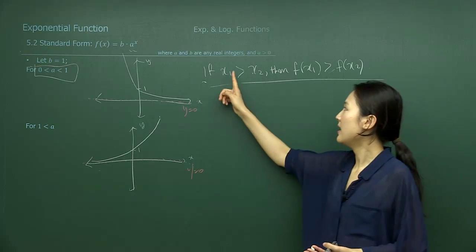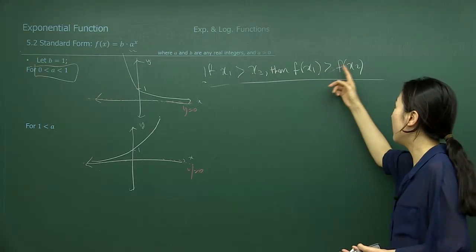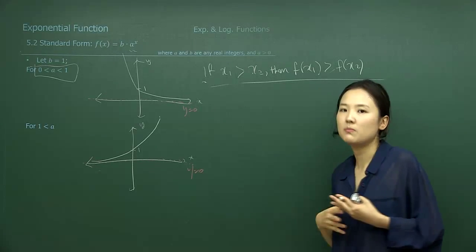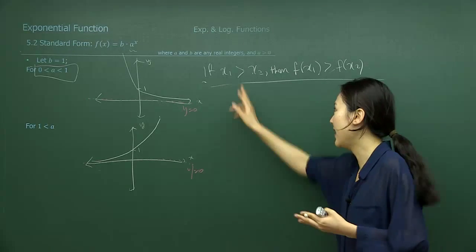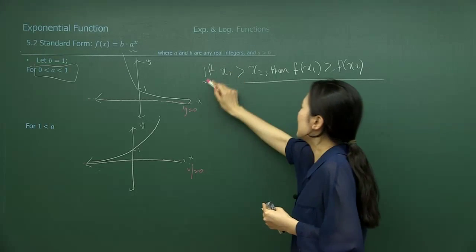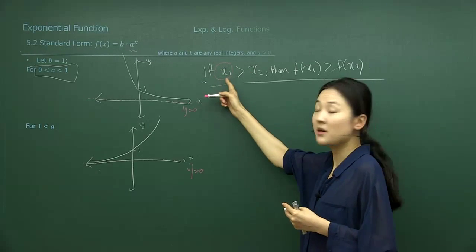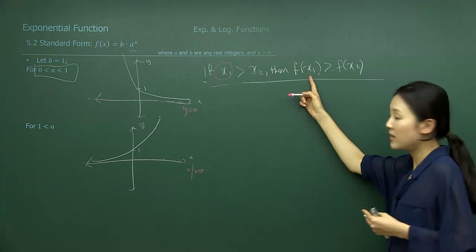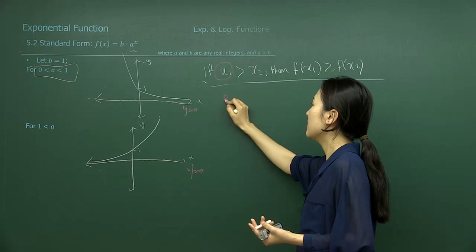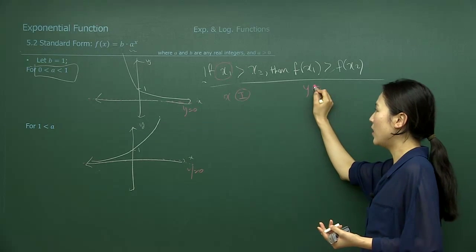It says x1, x2 here, and f of x1 and f of x2 here. And everybody understands that f of something basically means the y value of that input value x, right? This is basically saying that the bigger the x, the bigger the y. As x increases, the y increases as well.